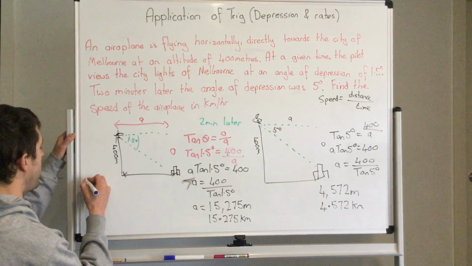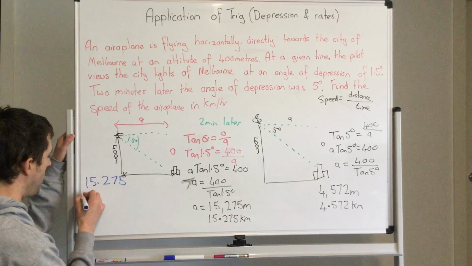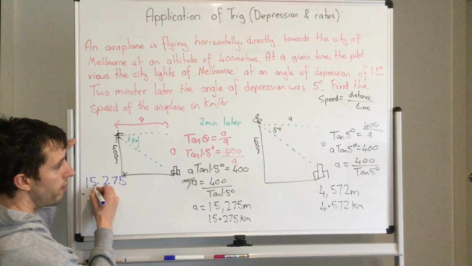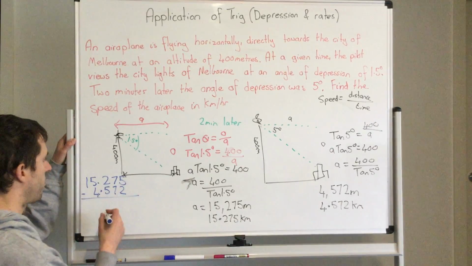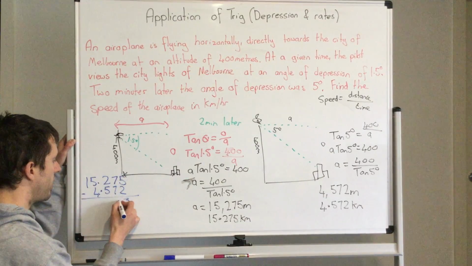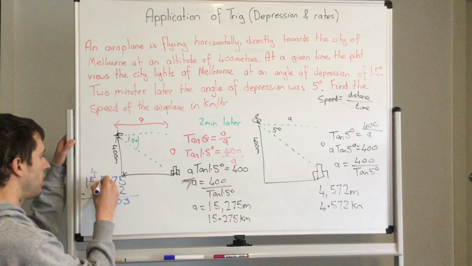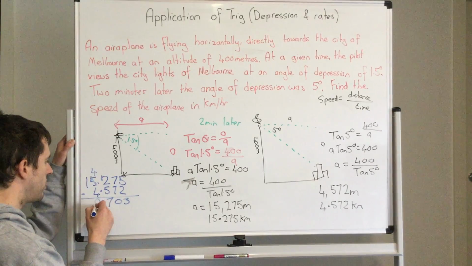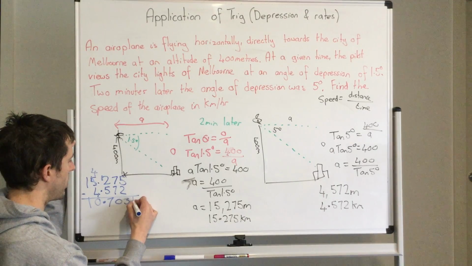I've got 15.275 minus the distance that is left, 4.572, and I'm going to just take it away. 5 take 2 equals 3, 7 take 7 is 0, borrow, 12 take 5 equals 7, put a decimal place, 4 take 4 is 0, and then 1. So I've got 10.703 kilometers.